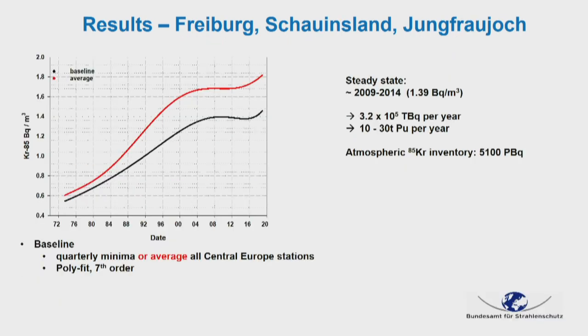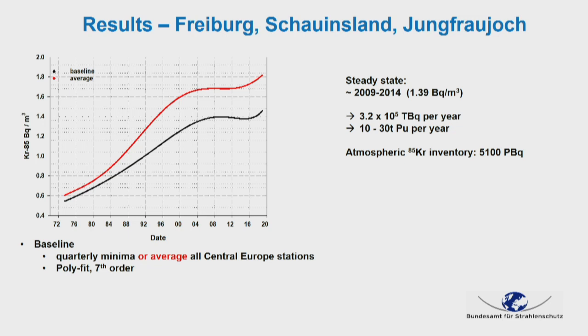From the data that we have, we calculated a baseline, which is the black line here, and also an average. That baseline for the krypton-85 activity concentration was calculated by taking the quarterly minima from all Central European stations and then fitting a 7th order polynomial to the quarterly minima. That's the black line here.